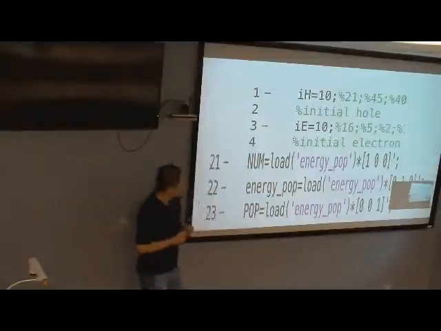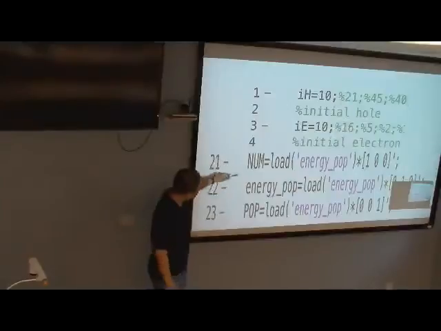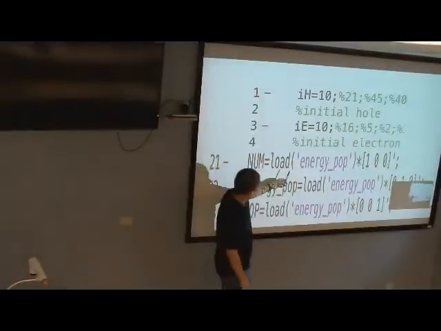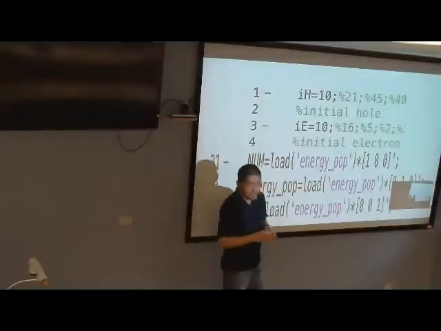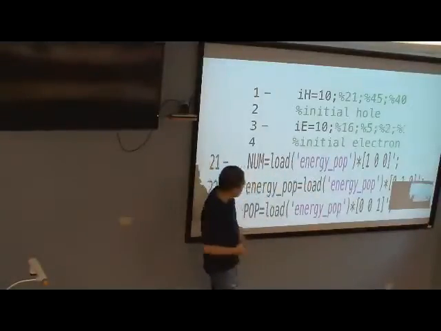Since there is no interaction between electron and hole, I will only focus on electrons. I guess this is not important. This is just because the energy file has 3 columns, and we transfer different columns to different values.